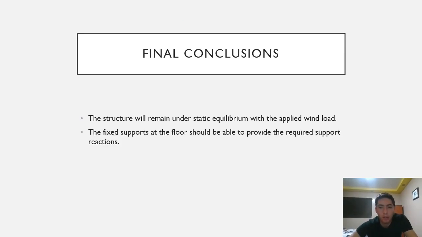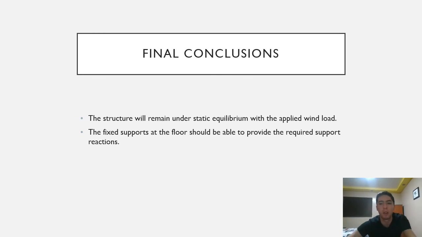Finally, as a conclusion, the structure will remain in static equilibrium with the applied wind load, because we have no reason to believe that the structure will not be able to provide the necessary reaction components, since the structure is well attached and fixed to the floor and the concrete.